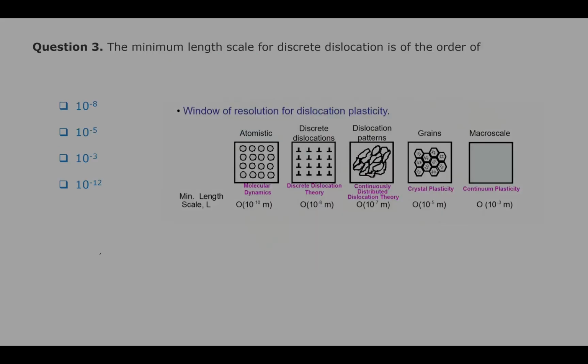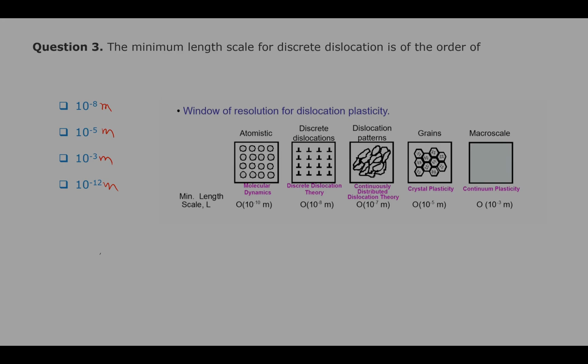So question number three is, the minimum length scale for discrete dislocation is of the order of. Here the values are given without any unit. It is a mistake, so just consider it is in meters.